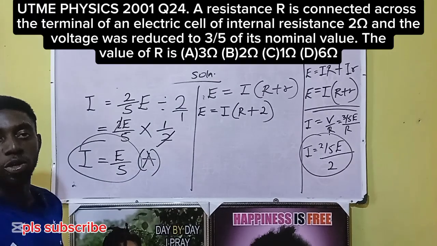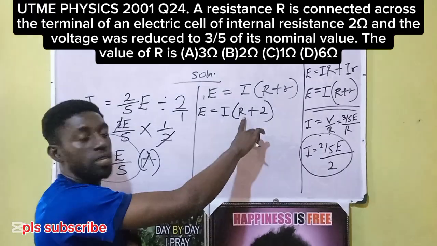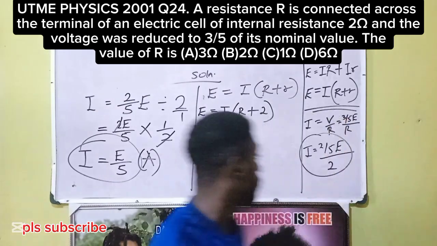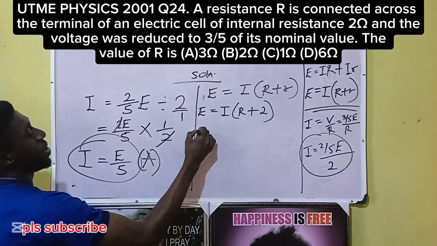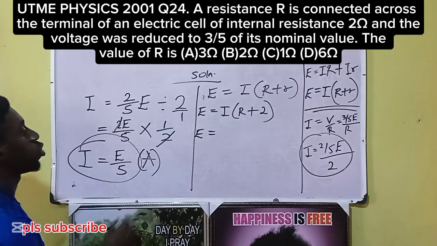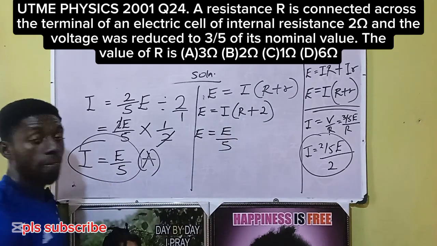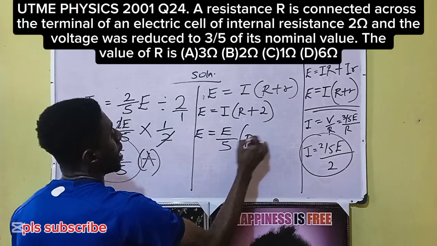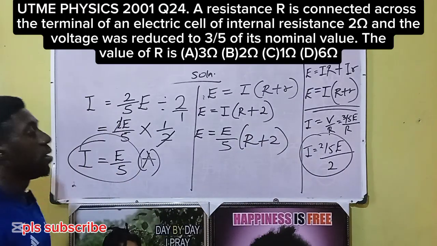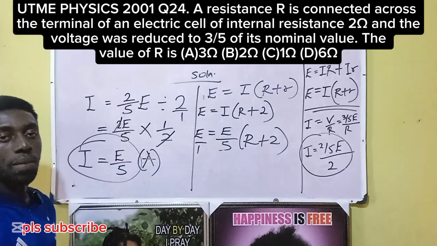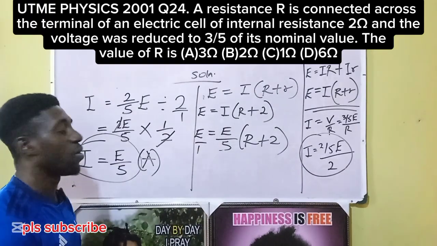Then we'll bounce back. Recall, the consideration is finding R. That's our concern. So to find R, EMF is equal to, substituting I as E over 5, times R plus 2. Then notice something, 5 can go up, E can come down. Mathematically, it's allowed. Cross and multiply.